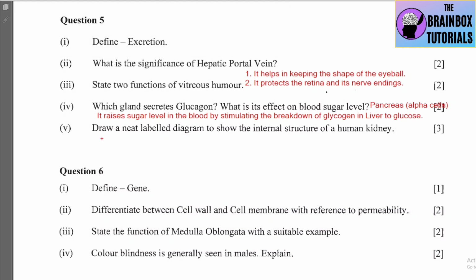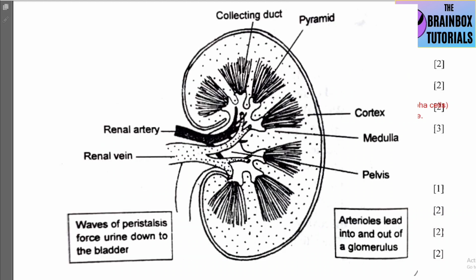Now 5th part is draw a neat labeled diagram to show the internal structure of human kidney. So you can make this diagram with these proper labelings.